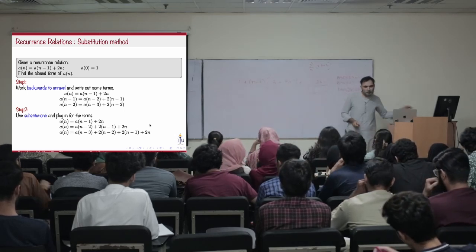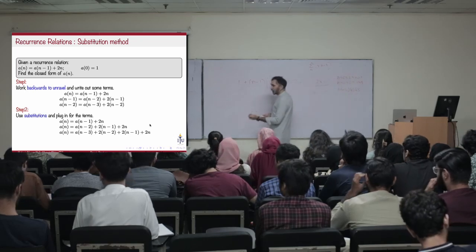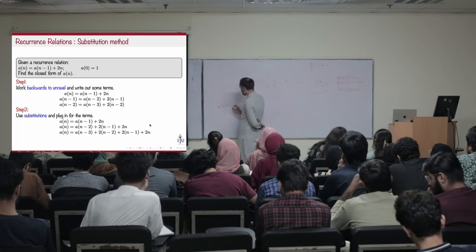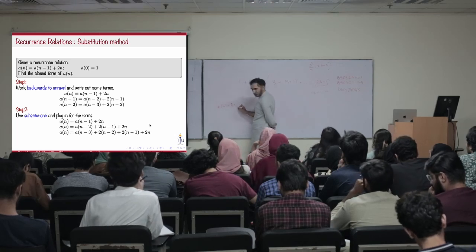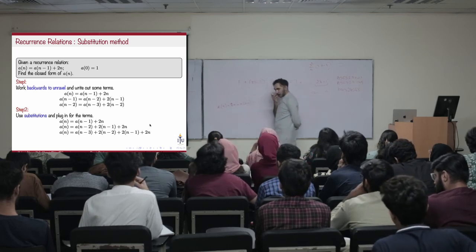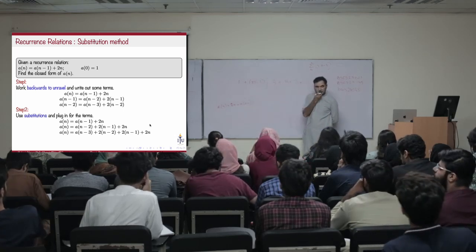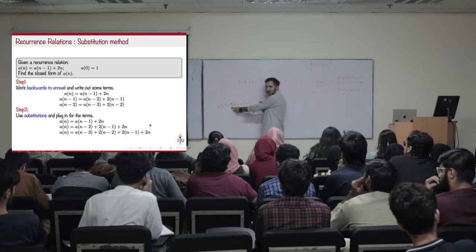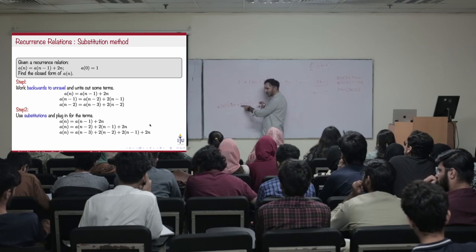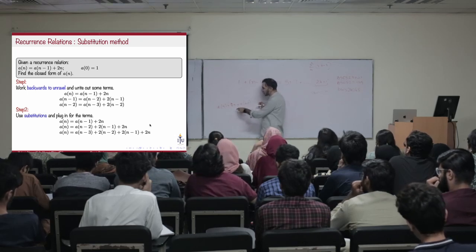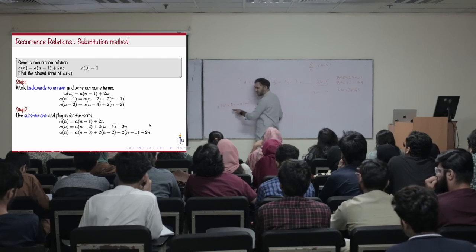So what's happening is you're given a formula which says that a of n is equal to 2 times n plus a of n minus 1. So this part is already in closed form, and you don't know what this a of n minus 1 is. This can be figured out by plugging in n minus 1 in the same formula.